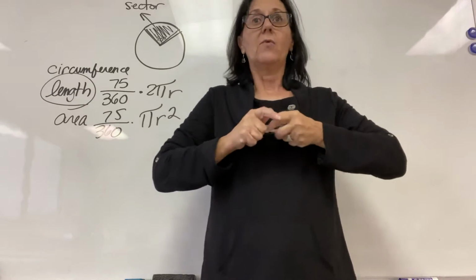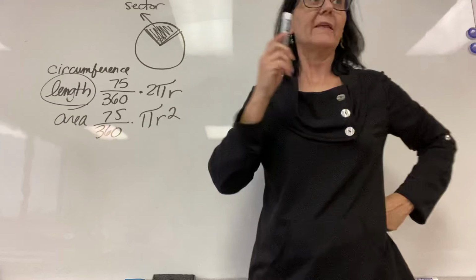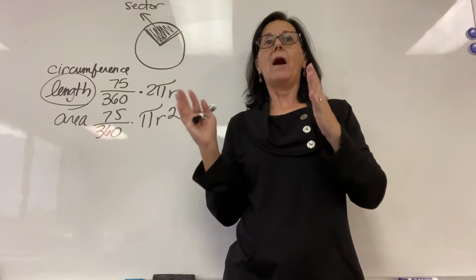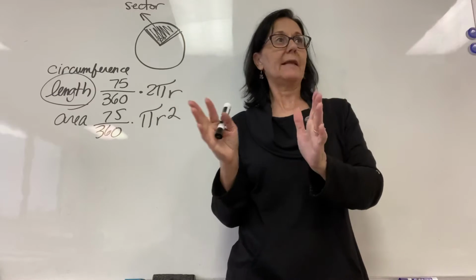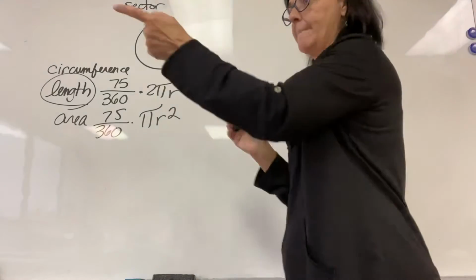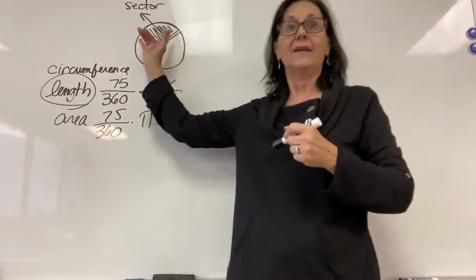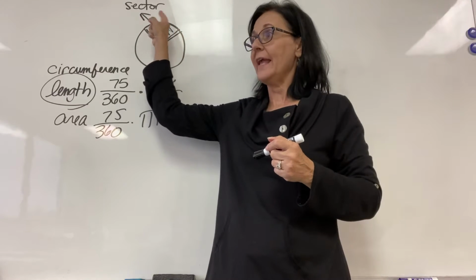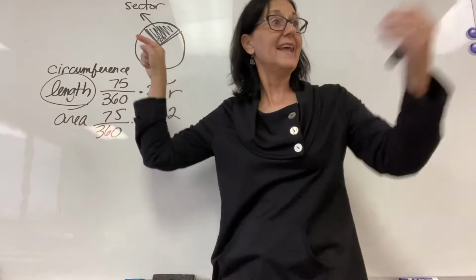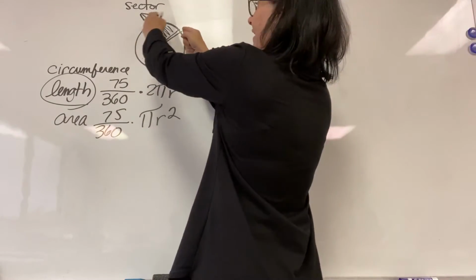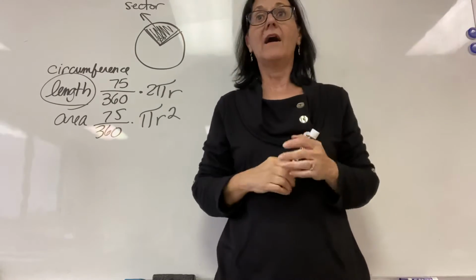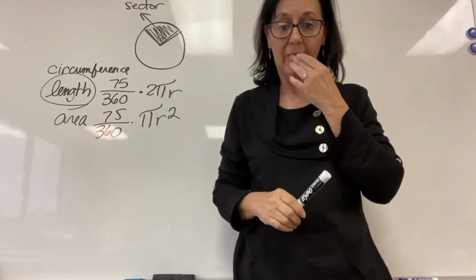All right, so looking at the sector, let's think about the definition of a sector, all right? What defines that sector? 2 radii and an arc define the boundaries of a sector.